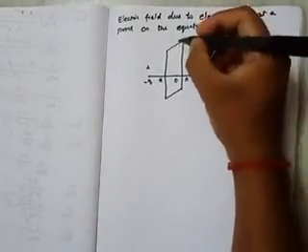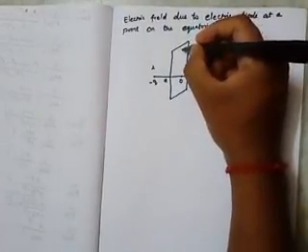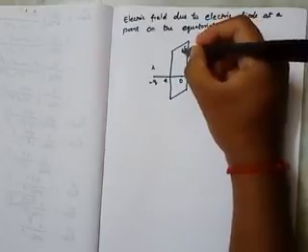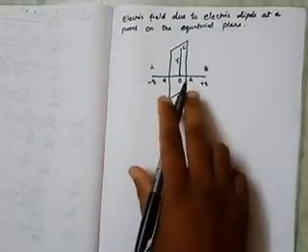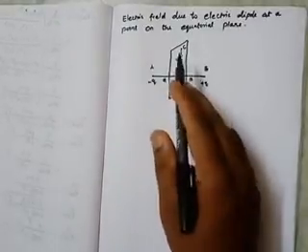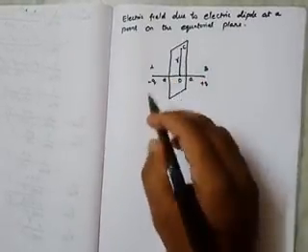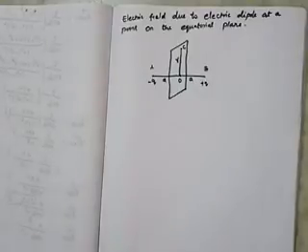We consider the point C at a distance r from the midpoint of the electric dipole. The point C is considered on the equatorial plane.